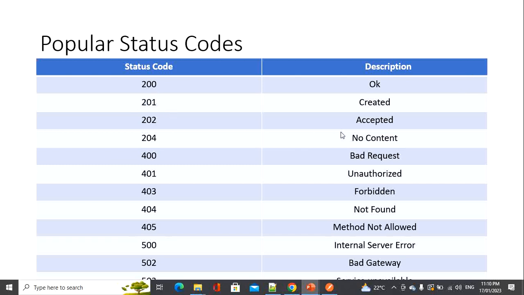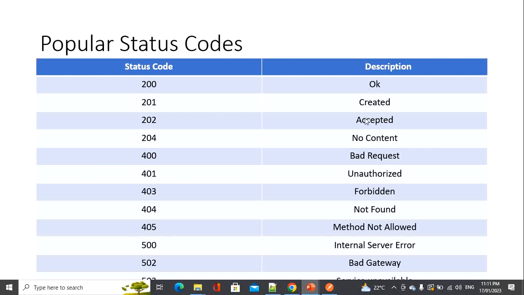201 means whenever you are creating a new resource with the help of a post call, it will immediately return the status code as 201. That means created, you have successfully created a new resource at the server. Similarly, 202 means accepted. In real-time projects, most of the projects still use this 202.